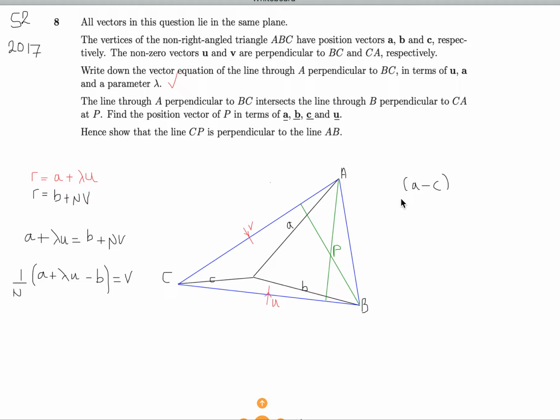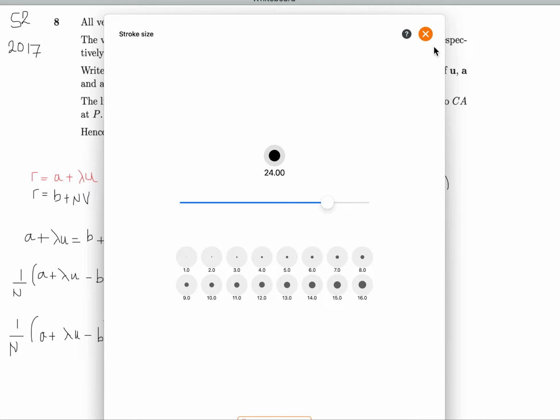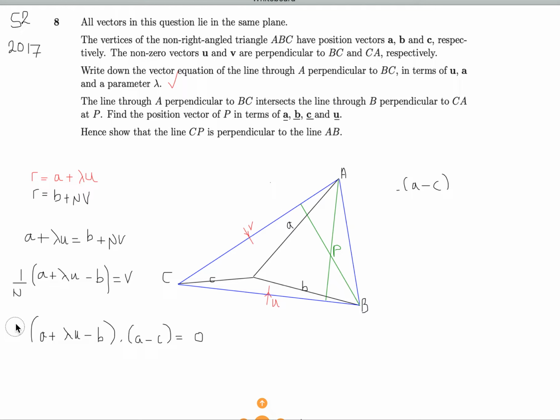The left hand side will be 1 over mu, times a plus lambda u minus b, dotted with a minus c, and that will equal v dot a minus c, which is just 0. As it equals 0 and this is just 1 over a number, we can get rid of that by multiplying both sides by mu, so that can just disappear.